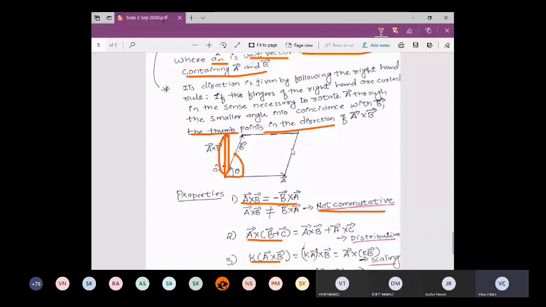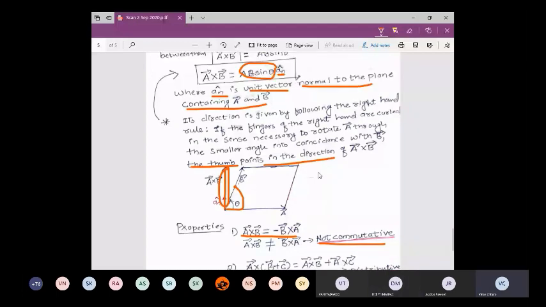Whenever we say unit vector along a particular direction, we use normal rather than perpendicular, but it means perpendicular.